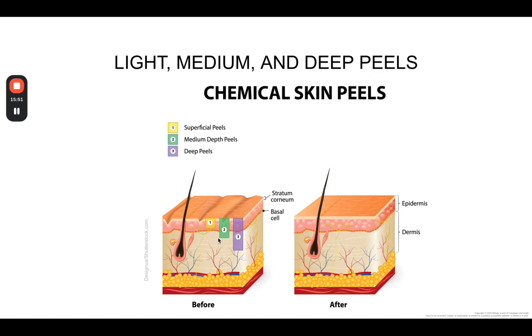We have medium depth peels that will penetrate through the epidermis and also get down to the dermis layer below that basal cell layer. And then we have deep peels. Both medium and deep peels are going to be performed by a physician, and they do penetrate through the epidermis, past and beyond the basal cell down to the dermis.